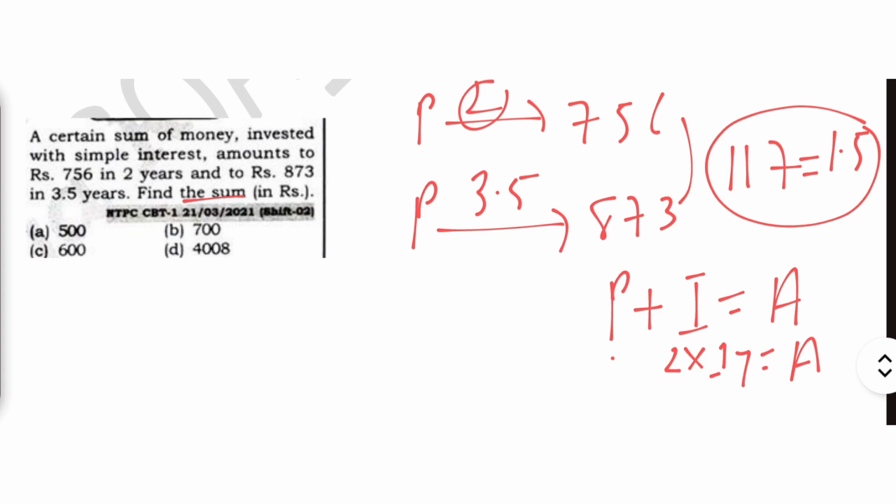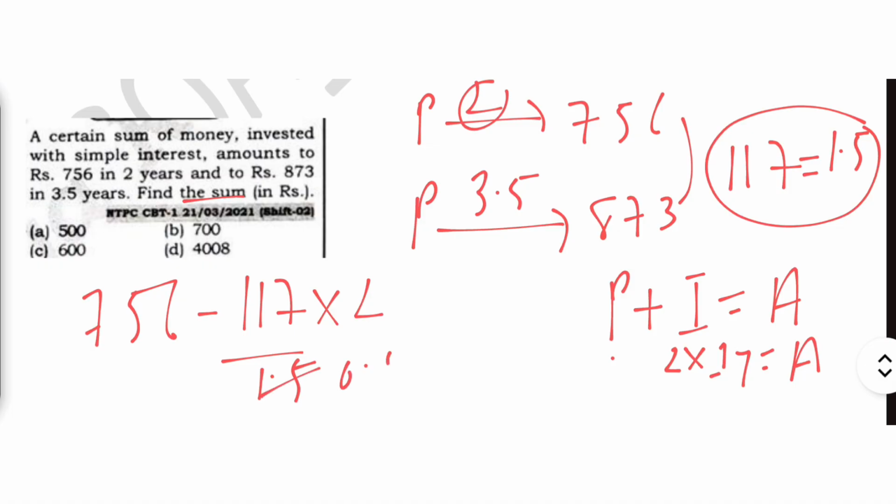So this is nothing but 756 minus 117 upon 1.5 into 2, which is nothing but 5 or 3 5s are 15, 3 3s are 9, 3 9s are 27. Okay, and this will become 4.